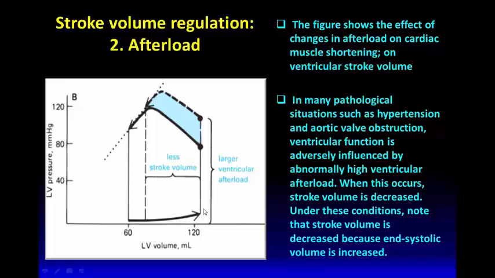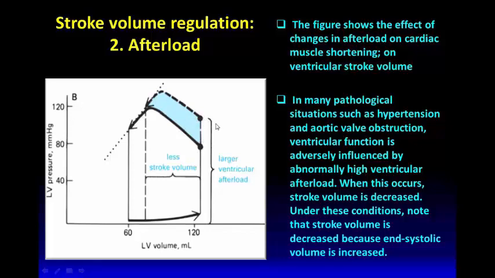Now the left ventricle begins systole with isometric contraction phase, but as it begins to contract, the left ventricle realizes that it is now facing a higher afterload. So the afterload is not 80 as normal, but the left ventricular afterload is now 110 millimeters of mercury.